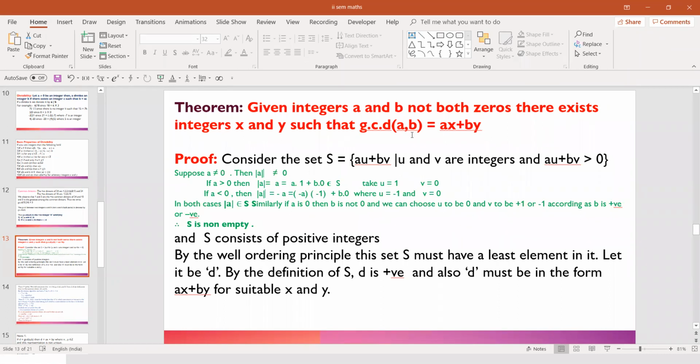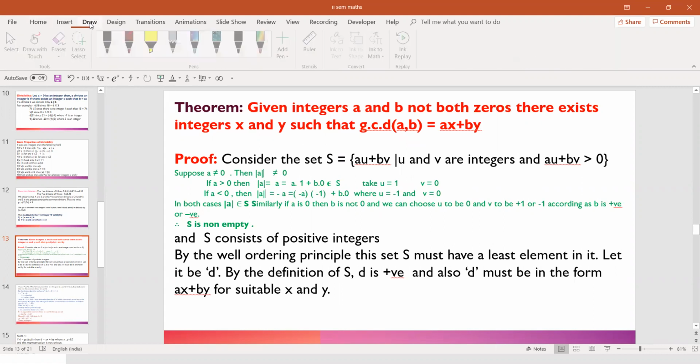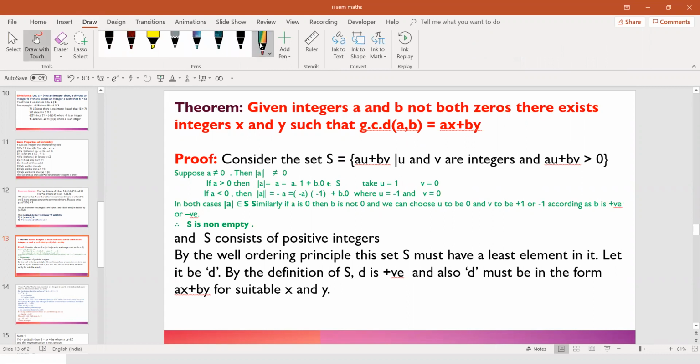In the case of the GCD of minus 3 and 0, how will you express it? How will you write it in this form? Minus 3 into which integer plus 0 into which integer? So what are x and y?